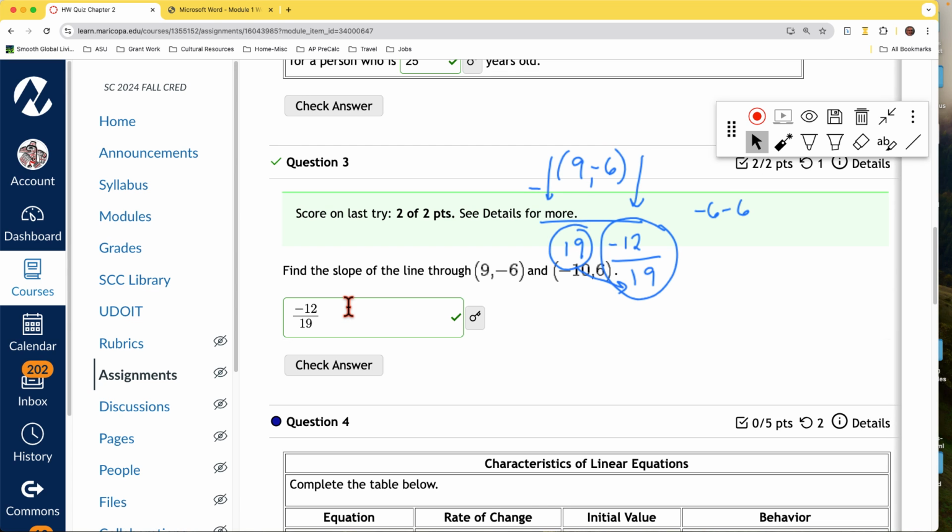Check our answer, and we got it right. I have this little key. We could also put it in as a decimal, I guess. They give us a decimal here. Questions on that one? Got 2 points, vertically and crosswise.